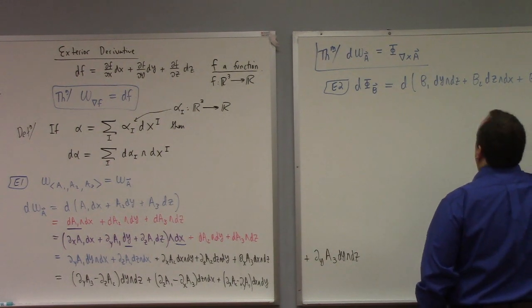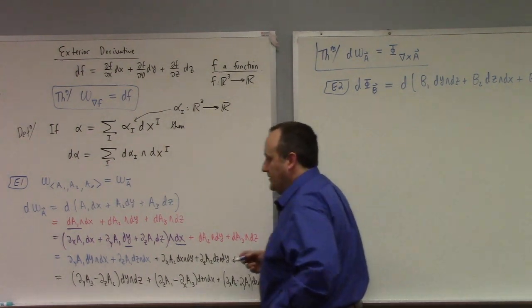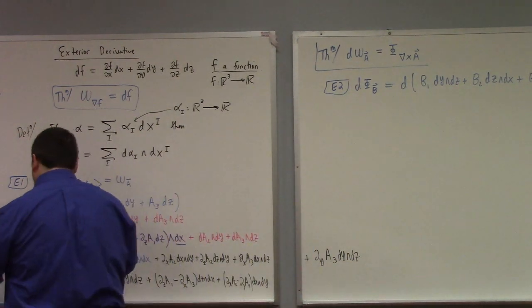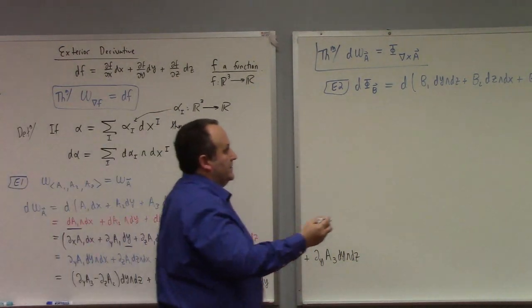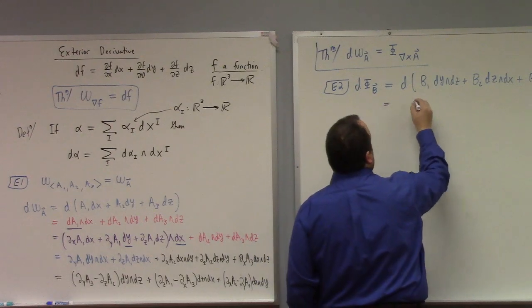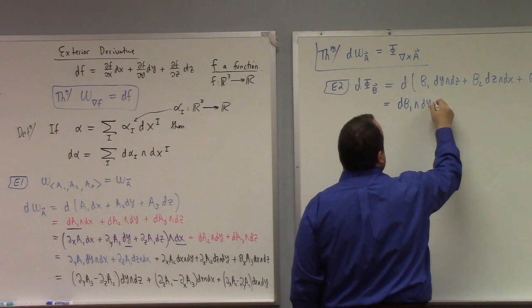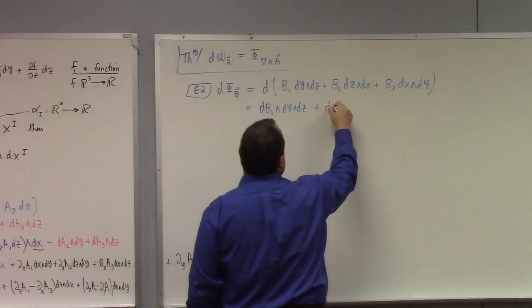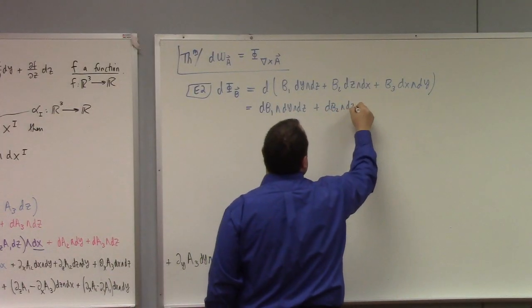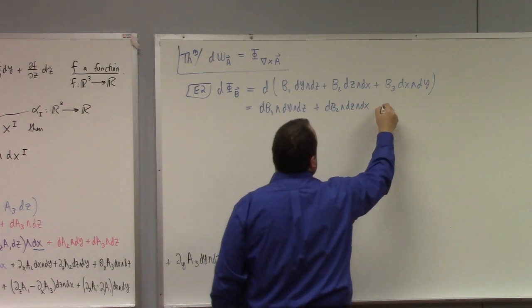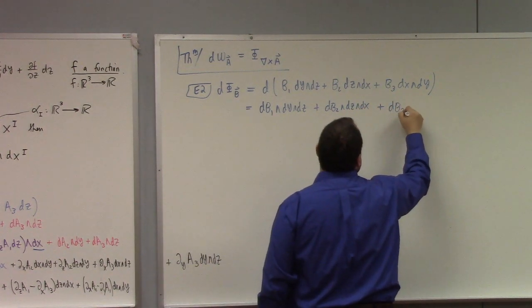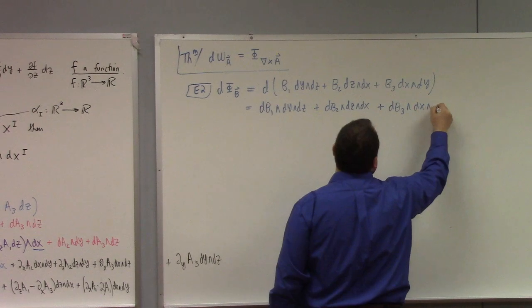That's my usual nomenclature here. And so we have to take dB1 wedge dy wedge dz plus dB2 wedge dz wedge dx plus dB3 wedge dx wedge dy.